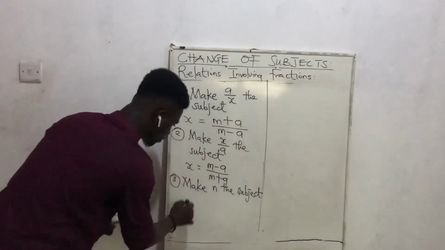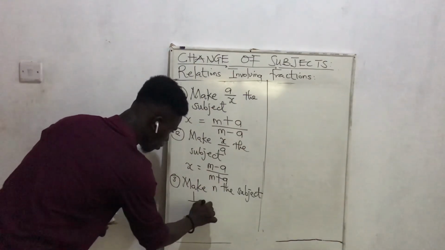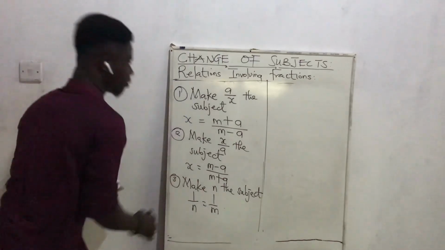Make N the subject, which is 1 on N equals 1 on M.